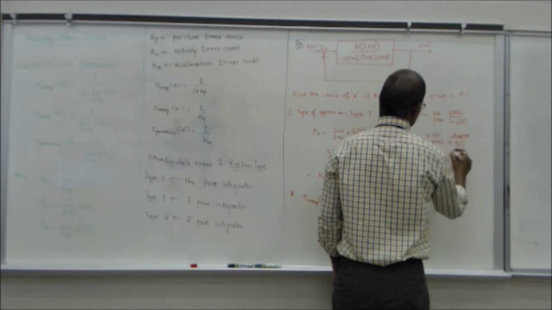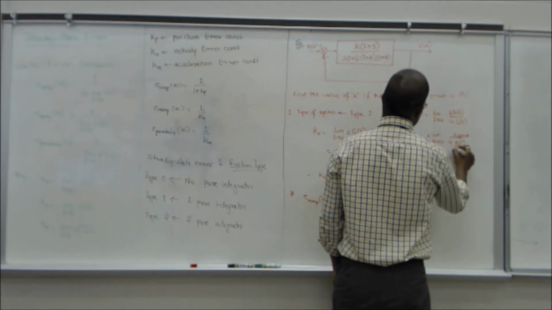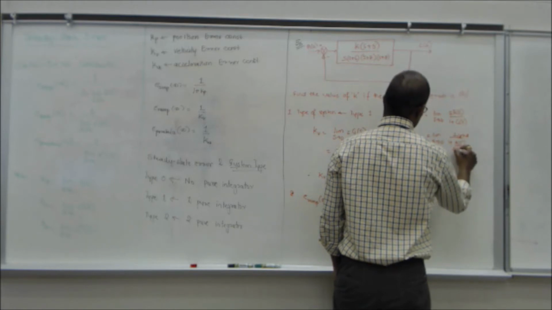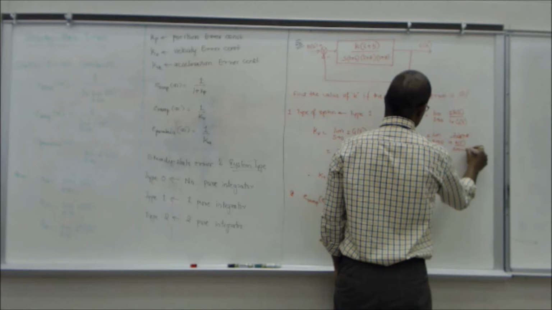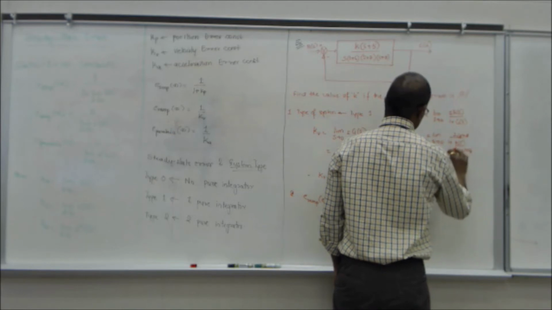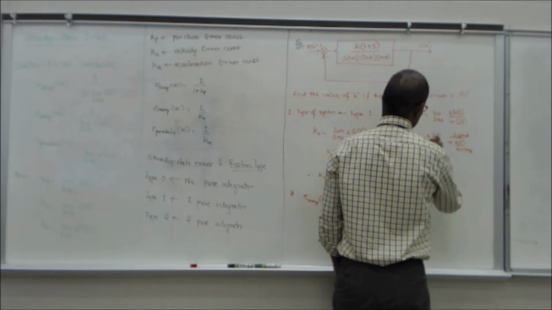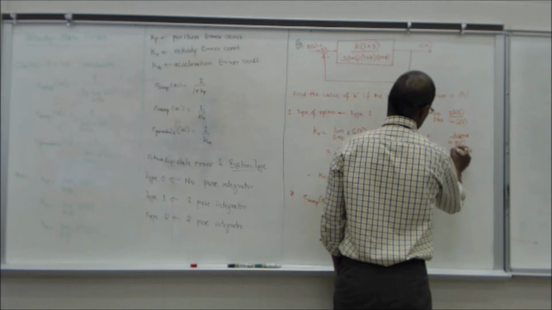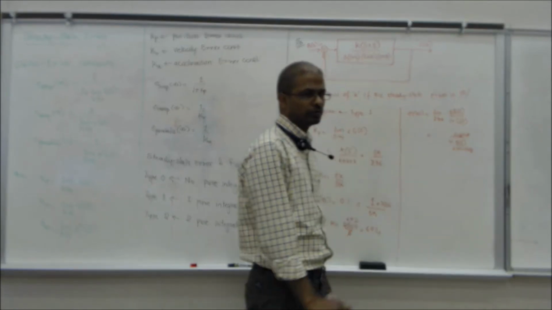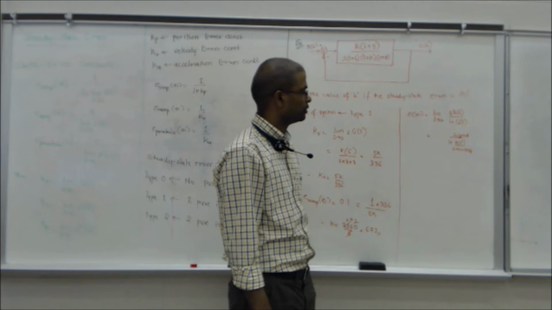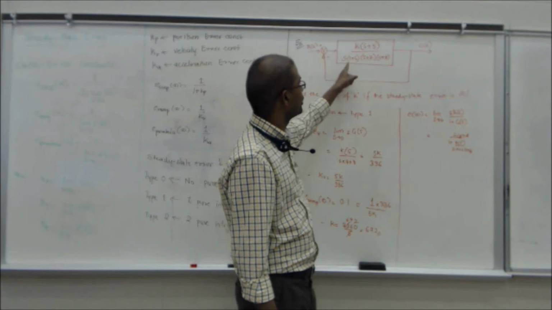This cancels. We have K PI s into 6 into 7 into 8. All you're doing is substituting s equal to 0.